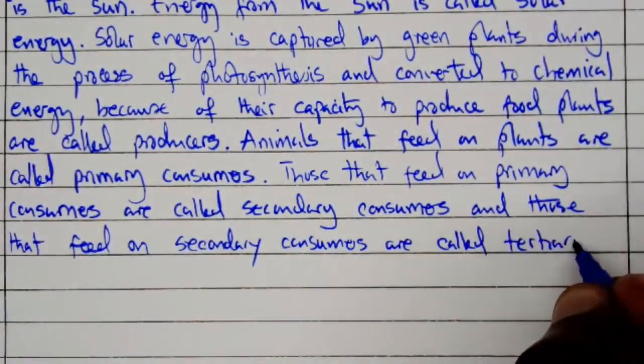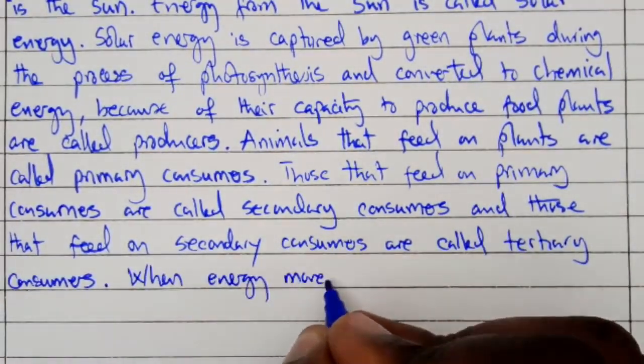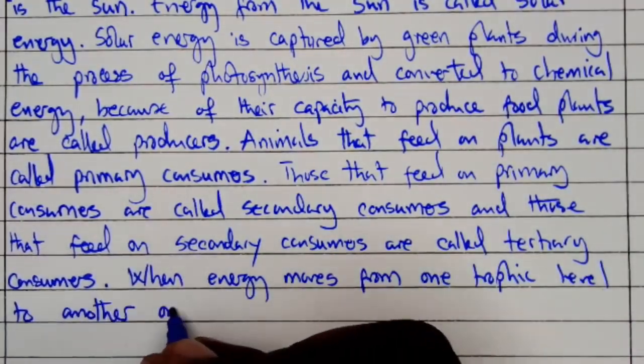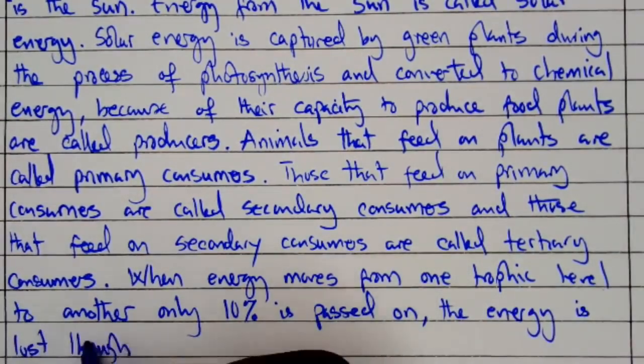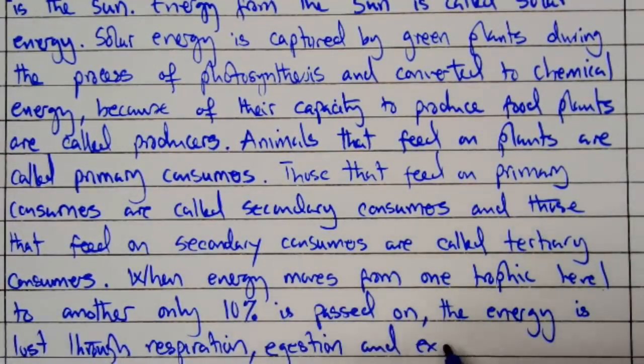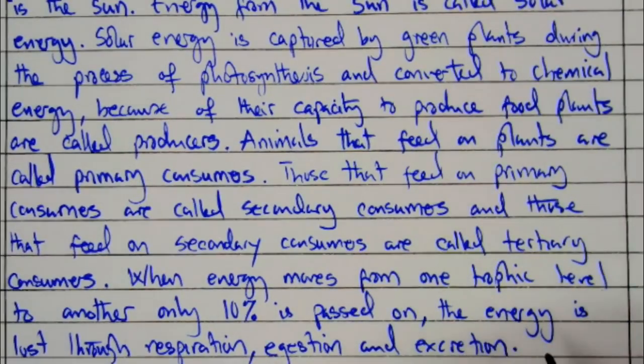And those that feed on secondary consumers are called tertiary consumers. When energy moves from one trophic level to another, only 10% of the energy is passed on. The energy is lost through respiration, egestion, and excretion. These were the solutions to question number 10.